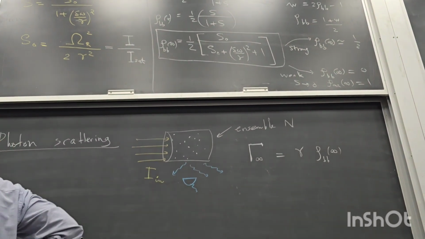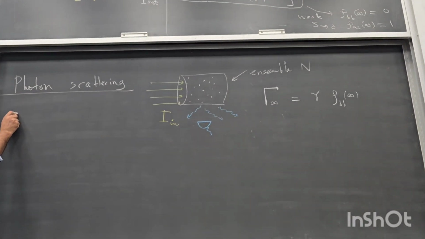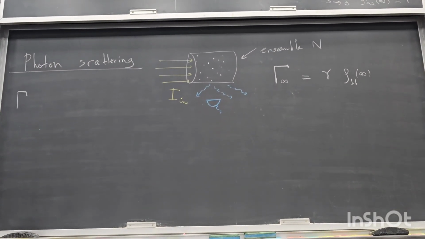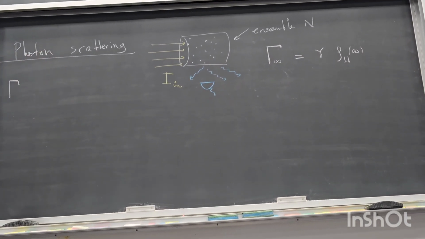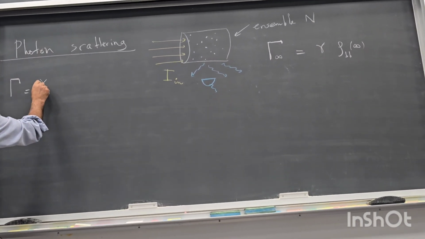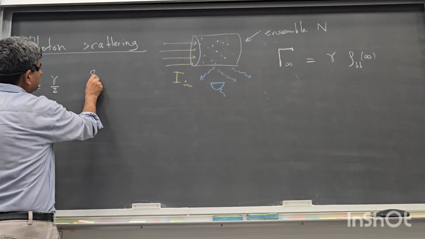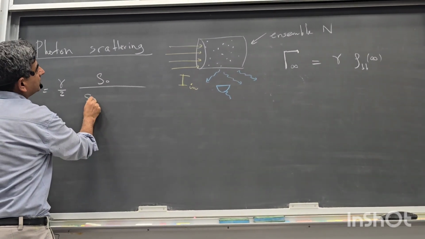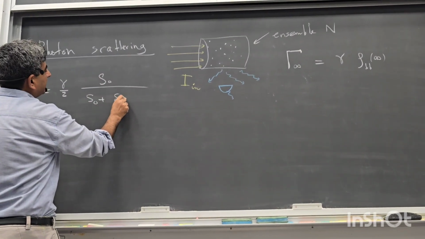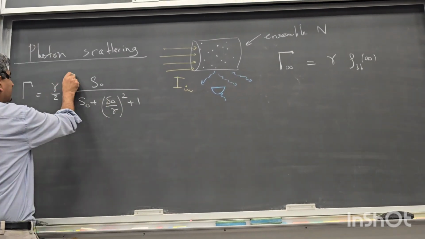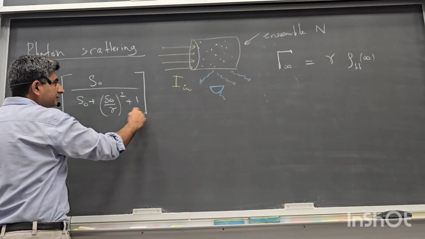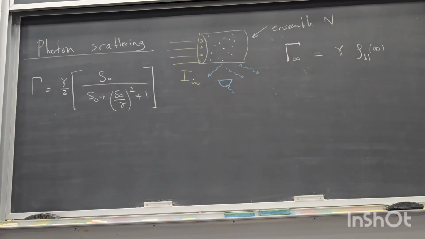So our photon scattering rate, which is actually determining the visibility of these atoms, is given by gamma times rho BB. So it's given by gamma over 2 times S naught divided by S naught plus delta omega over gamma squared plus 1. This is the photon scattering rate.